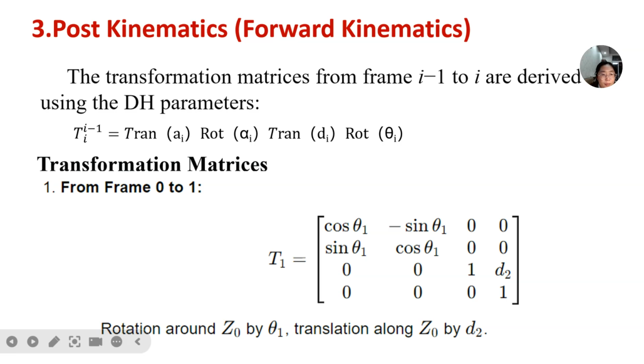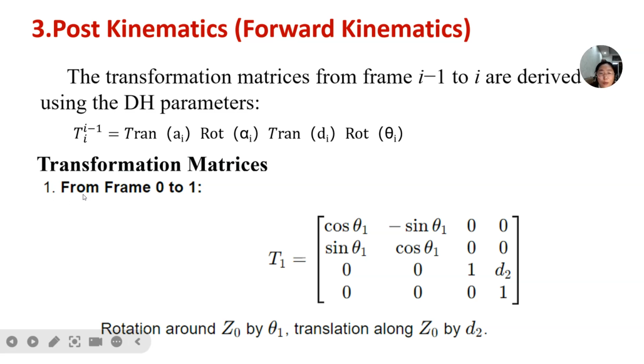By substituting the data from the DH table into the transformation matrix and rotation matrix, the transformation matrices can be obtained.